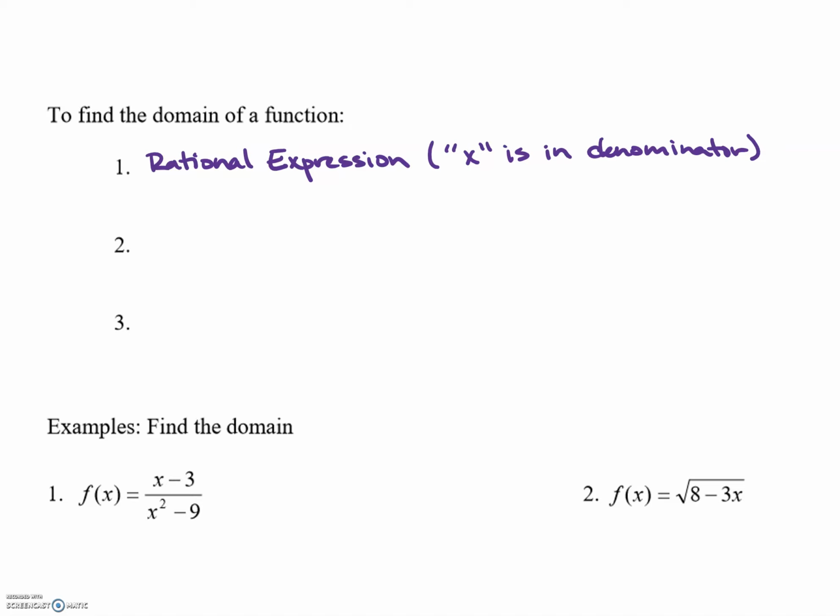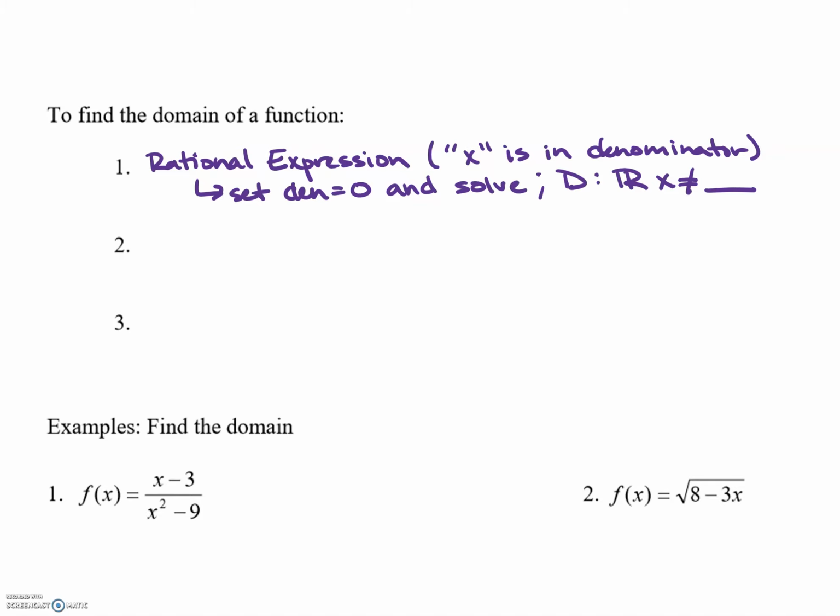We're not allowed to divide by 0, so we can't have 0 in the denominator. So all you're going to do is set the denominator equal to 0 and solve. Therefore, your domain, which I'm going to denote with a capital D, will simply be all real numbers, but x cannot equal whatever you just found.